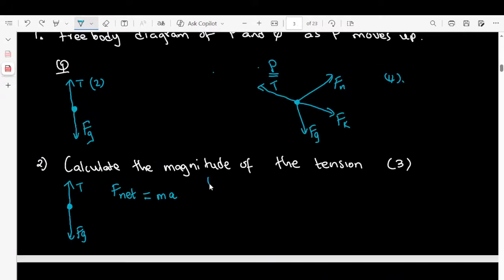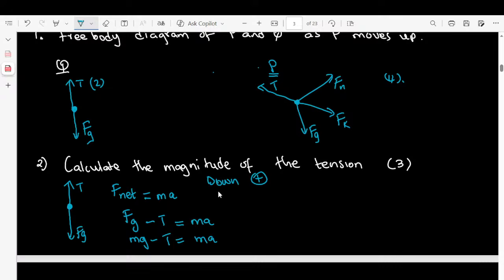I'll take down as positive, so that all the forces going down are positive. We minus all the forces going up, and this will be equal to ma. So we know that this is mg minus the tension is equal to ma.